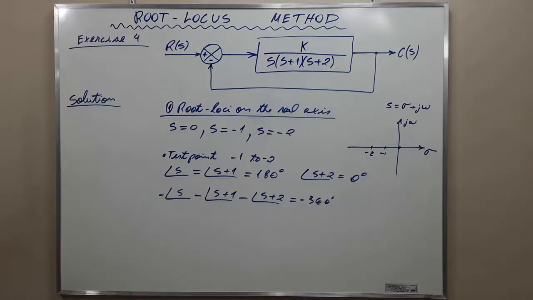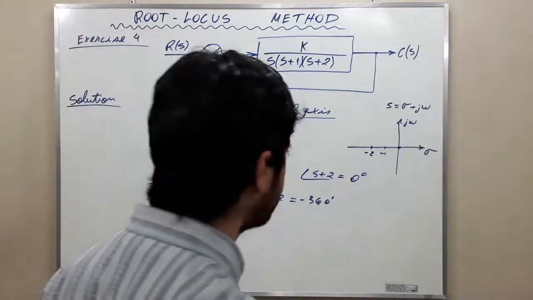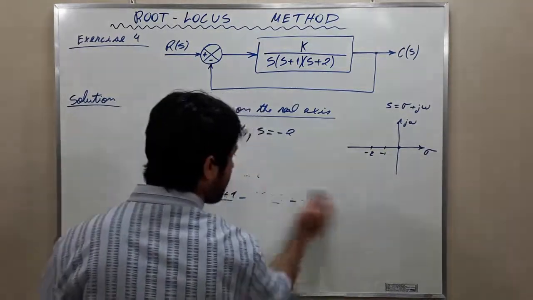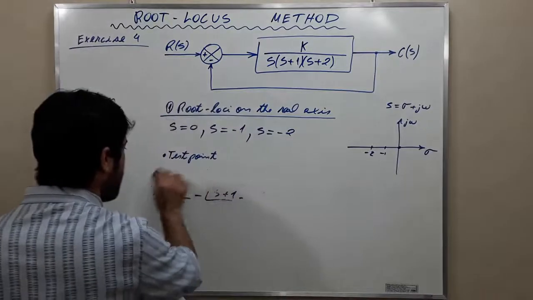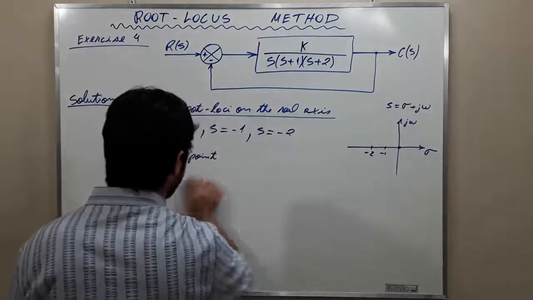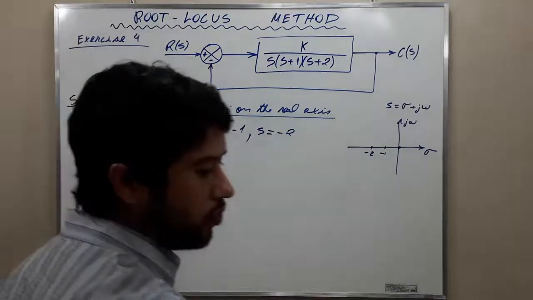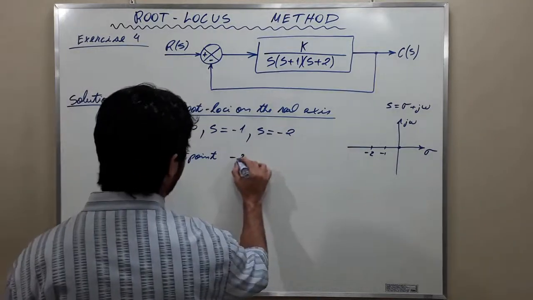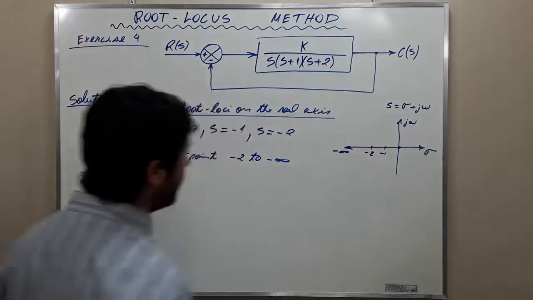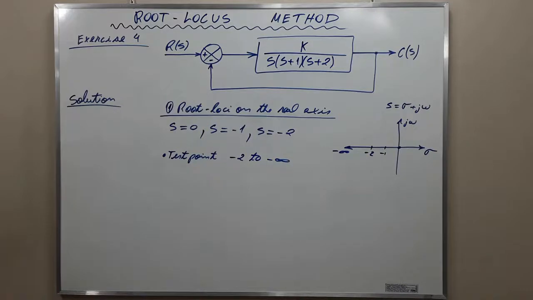Then the segment between -1 and -2 does not belong to the root locus. To finish, let's use another test point, from -2 to -infinity. We are going to see whether this portion of the real axis belongs to the root locus.